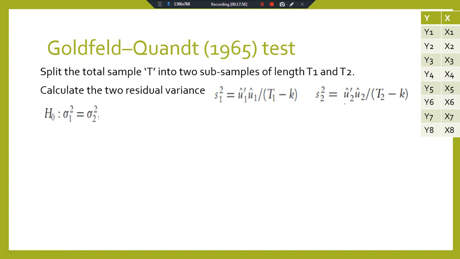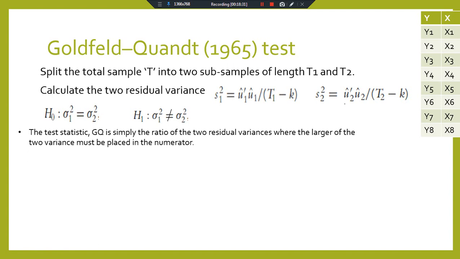Now we develop our null hypothesis that the variance of T1 is equal to the variance of T2. If these two variances are equal, then we can say there is homoscedasticity, and if these variances are not equal, then there is heteroscedasticity. Then our alternative hypothesis is that the first variance is not equal to the second variance.